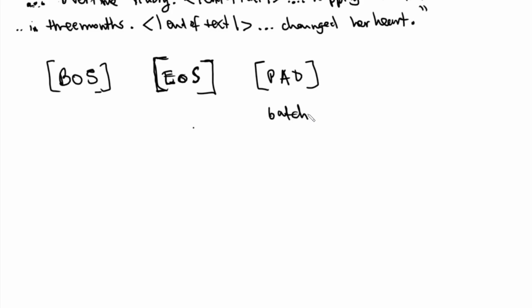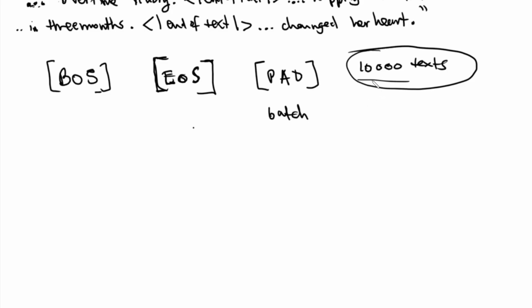You say, okay, let's just say, as an example, I have 10,000 texts, but I do not want to process these 10,000 texts at once because it's going to be memory intensive and take time. I'm going to batch them into groups of 1,000, which means now you have 10 batches.